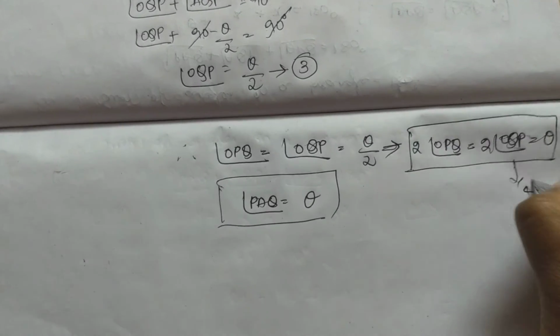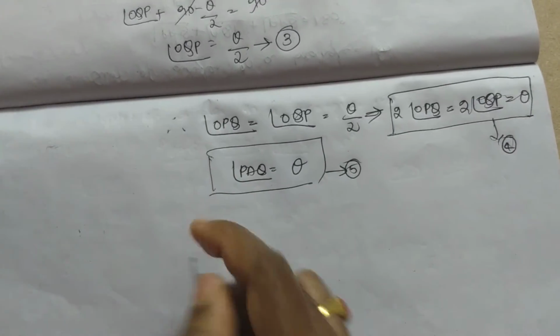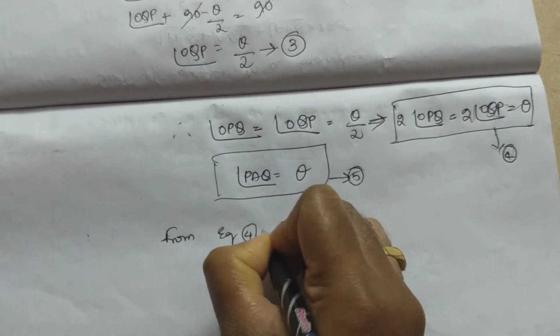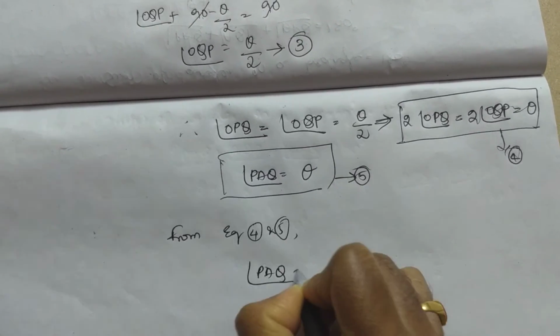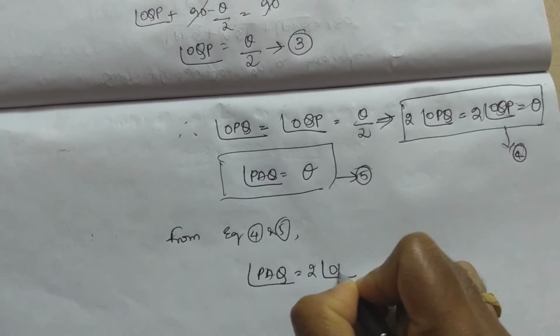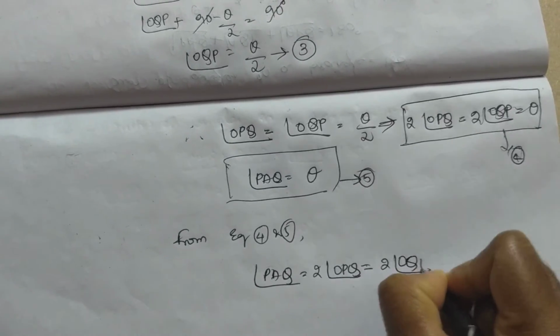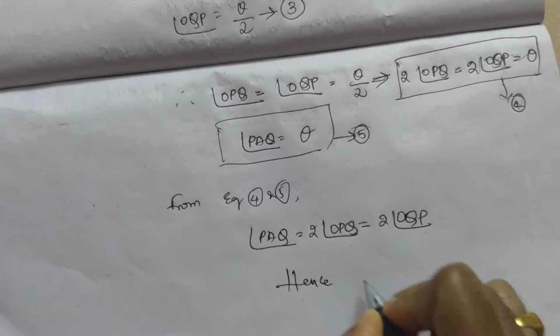I'll put this as equation 4 and this as equation 5. So from equations 4 and 5, angle PAQ equals twice the angle OPQ equals twice the angle OQP. So this is what they asked us to prove, right? Hence proved.